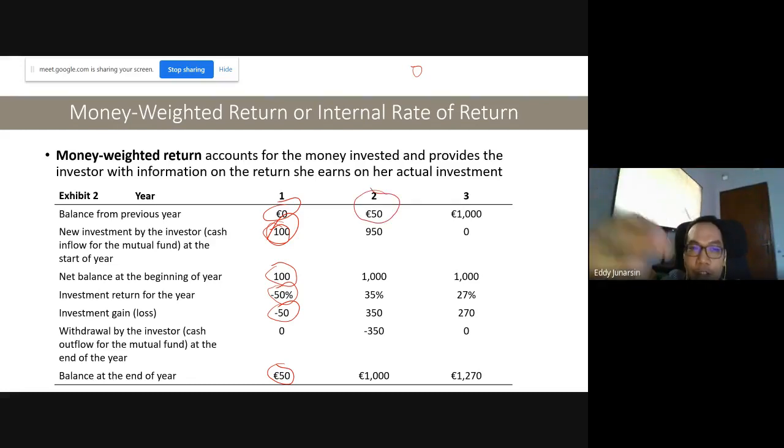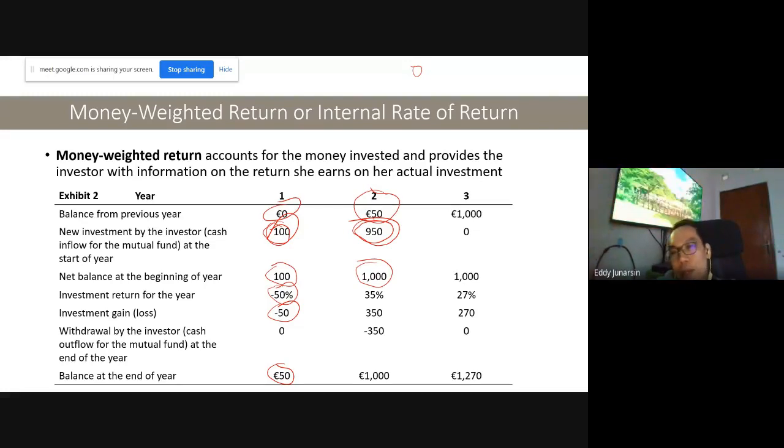But at the end of year one, this investor put in another 950. The end of year one is the beginning of year two, the same thing. So when we start year two, we have 1,000, because the previous balance was 50, but the investor also invested an additional 950.